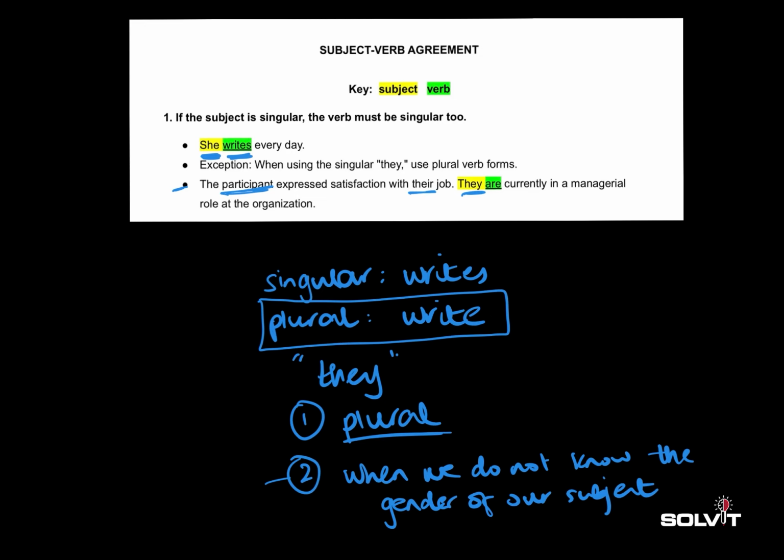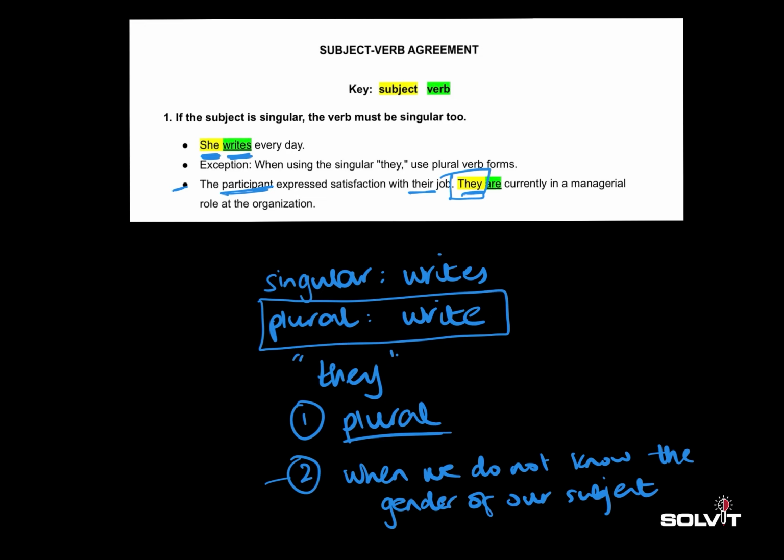Did you notice how we use the word they? That does not mean that we're talking about several different participants. That just means we're talking about one participant, but we don't know their gender. So we're going to refer to them as they. But remember that using the word they does not make the subject plural. The subject remains singular because we're still talking about one participant.